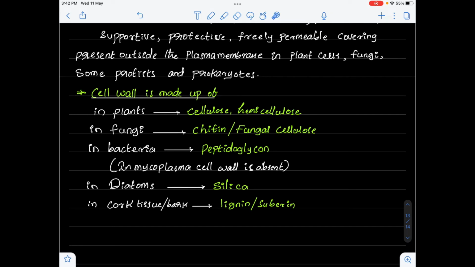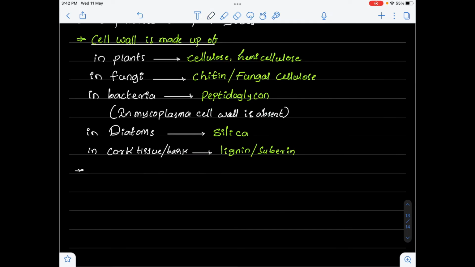Now let us talk about cellulose. Cellulose is the fibrous polysaccharide which provides structural strength to plants.